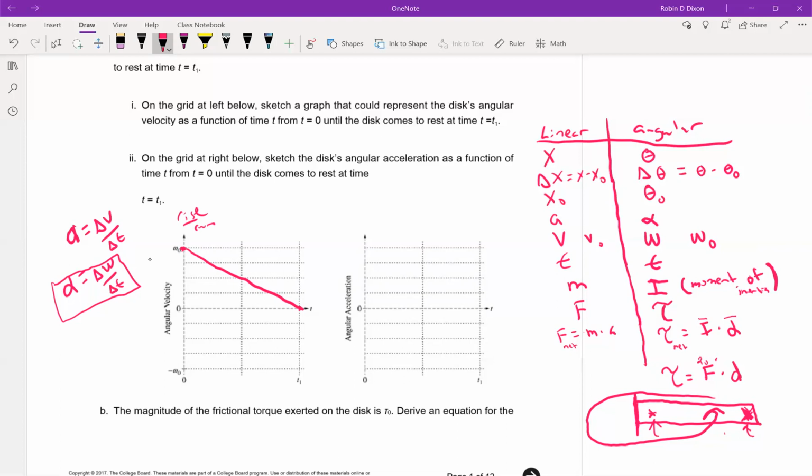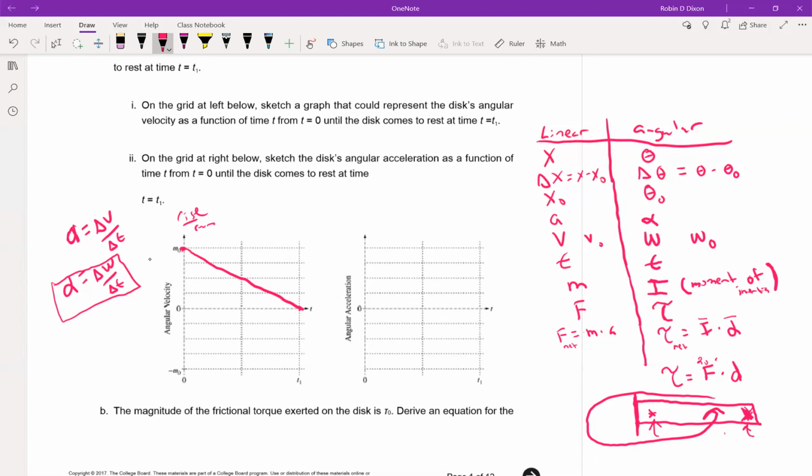So when I graph part 2, my angular acceleration, I simply have to have a negative value, because the slope of this graph is negative omega over t. I can't actually graph that because I don't have actual numbers, but I do know that it has to be negative.